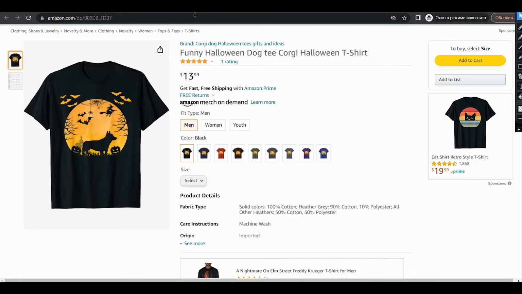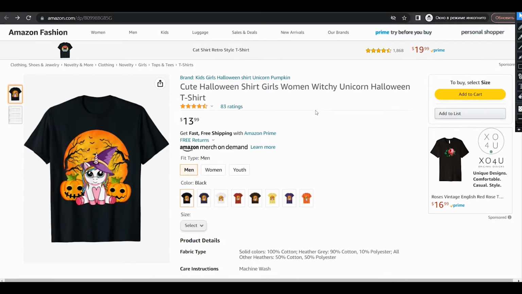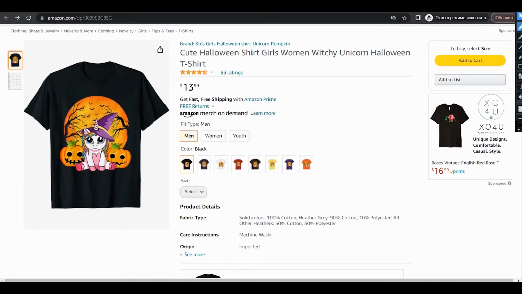Okay, let's go to the next design idea, and here will be a niche for cute kids shirts for Halloween. It can be for boys or girls. In this way it's unisex, but the main part of this design is stylization. It should be cute, like here, like this unicorn, and even these pumpkins.